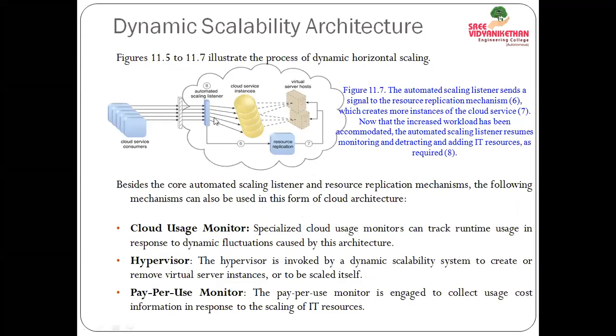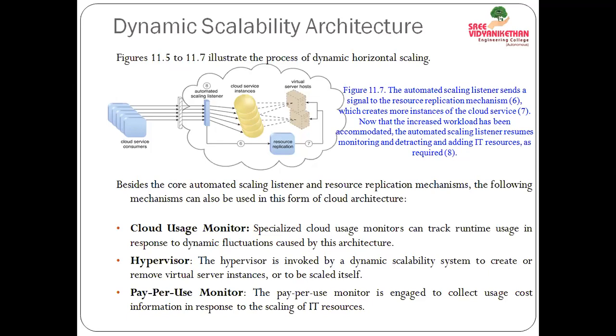So what this automated scaling listener does is it initiates the resource replication mechanism. That means it ignites the tasks of a resource replication mechanism, and then this resource replication mechanism instigates the virtualization.